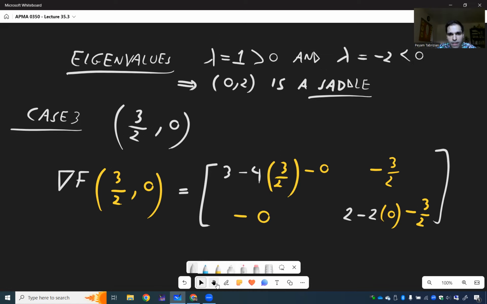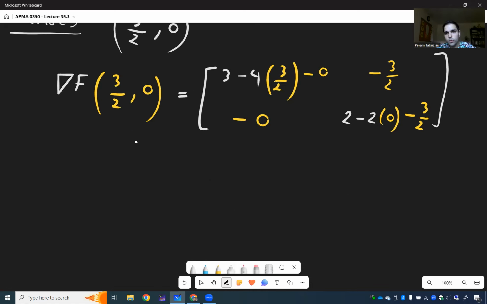And that simplifies to [-3, -3/2; 0, 1/2].